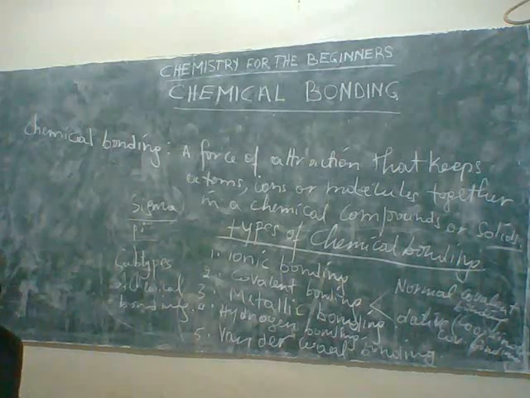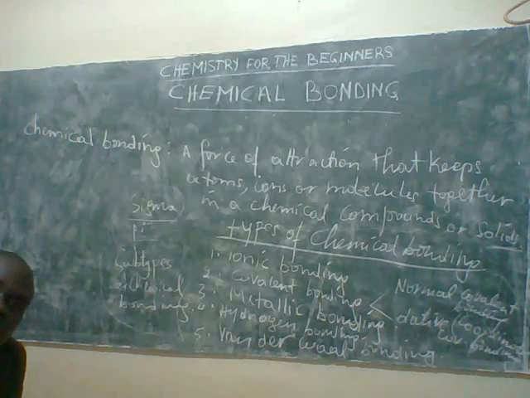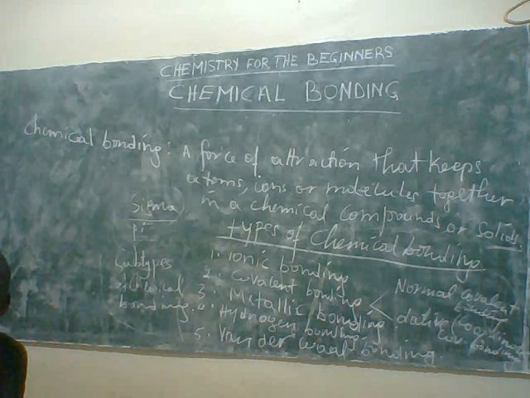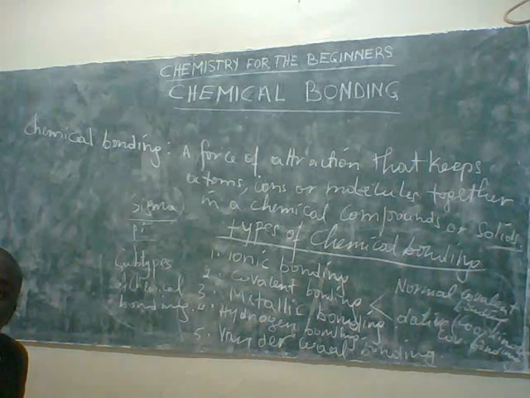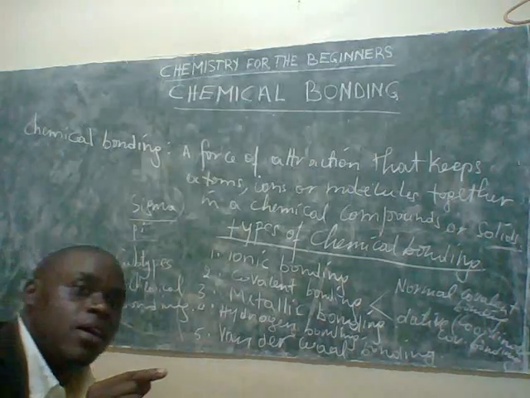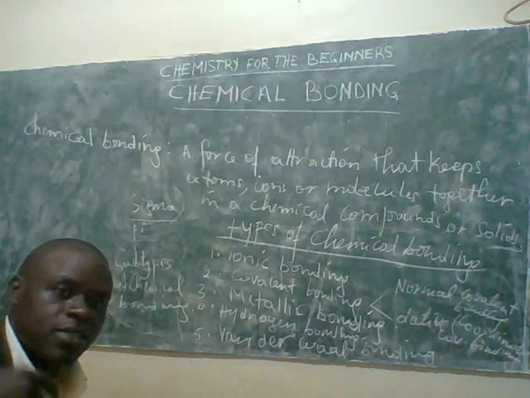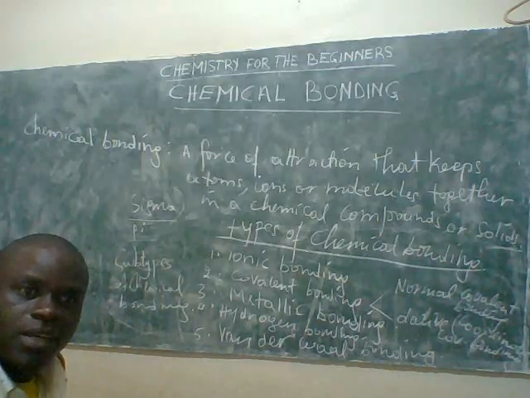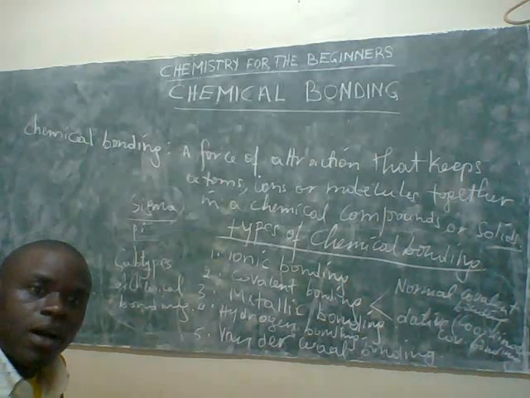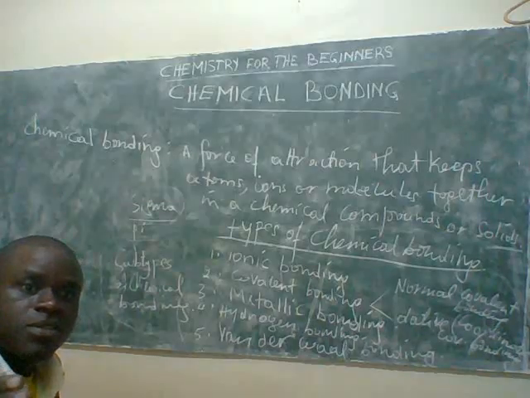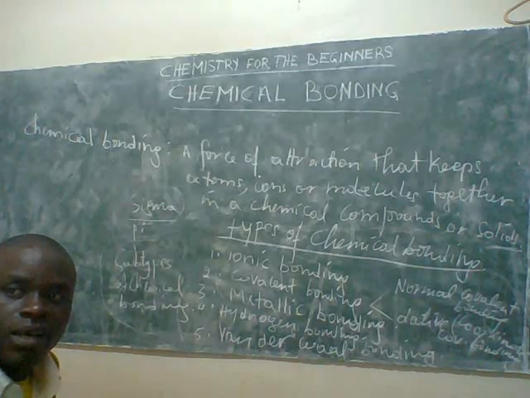Also in carbon, we have single bonds. In carbon, we usually say it is single bonded, or double bonded, triple bonded, and so on, but it stops at triple bonds.